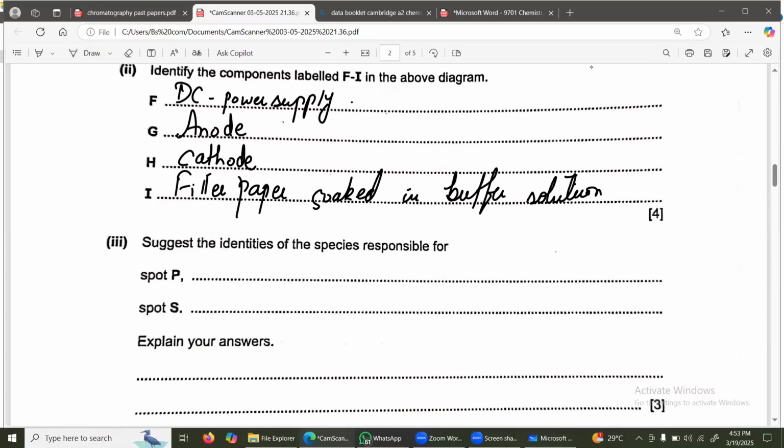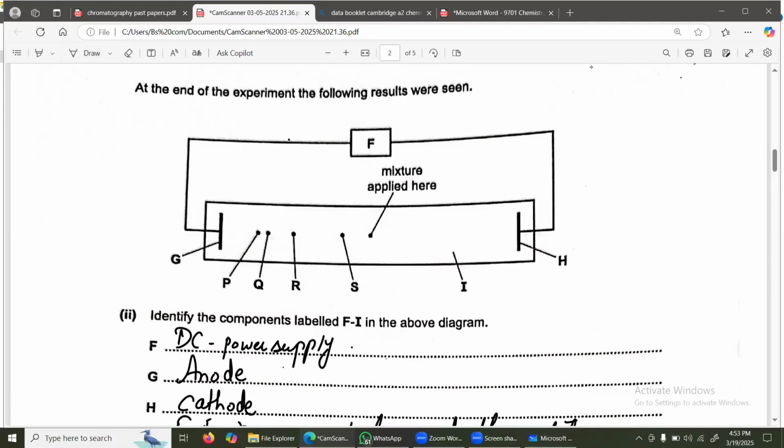So that's the reason it is glycine, because their rate of movement depends on their charge and their molecular mass. And if we talk about spot S, as you can see, it has traveled least.